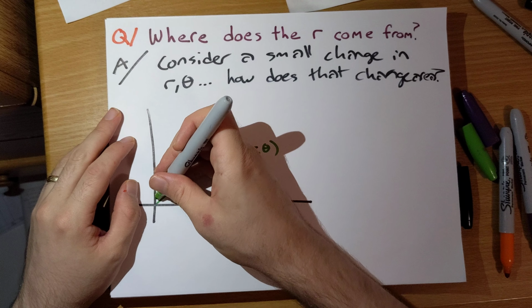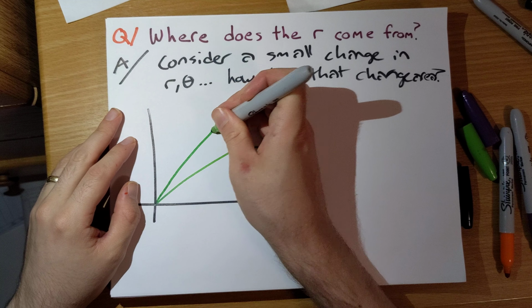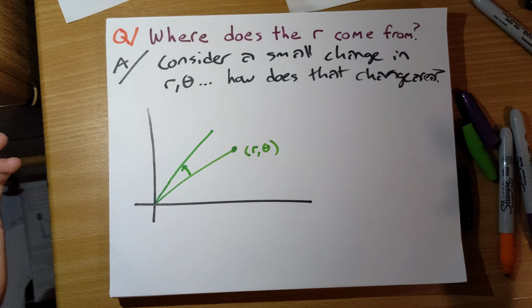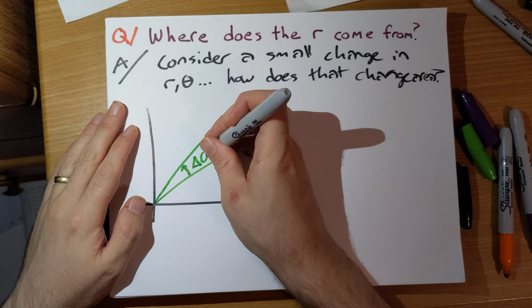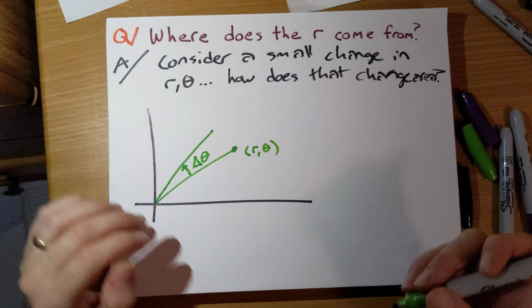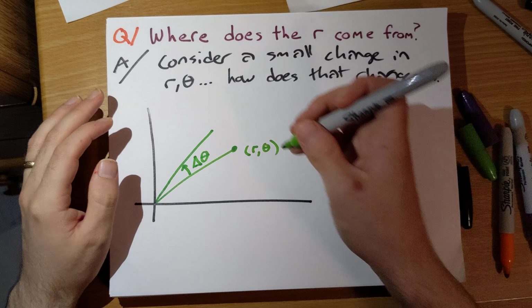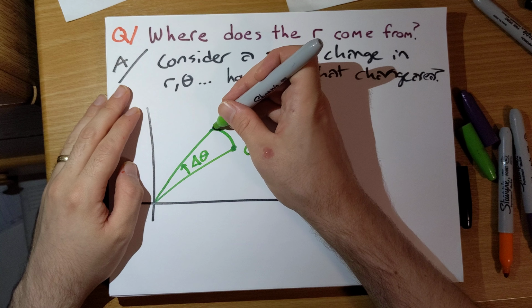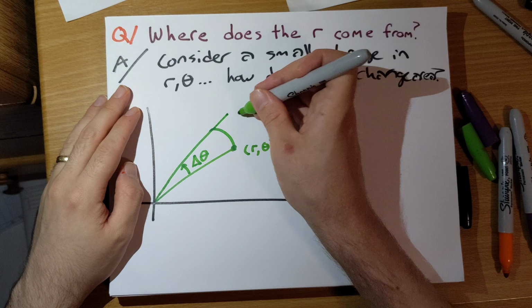So I'm going to increase theta just a little bit. This looks like a pretty big increase in theta, but I'm drawing it big so that we can see what's going on here. And then I'm going to increase r just a little bit.